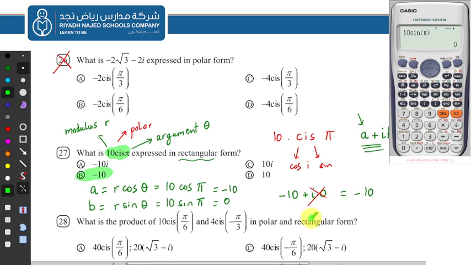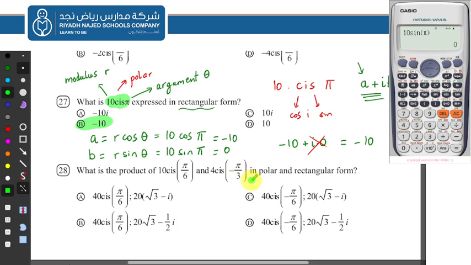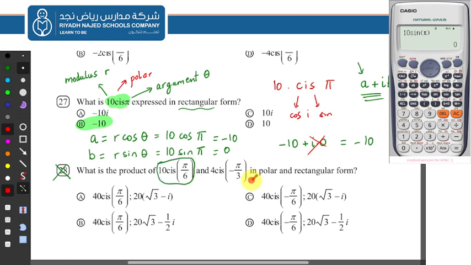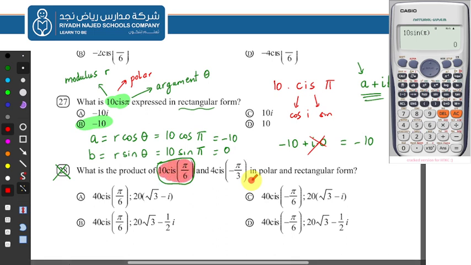Okay? So you can practice converting this. Question 28 will be cancelled for this quiz, but as practice for question 27, I suggest that you convert a complex number presented in its polar form into rectangular form.